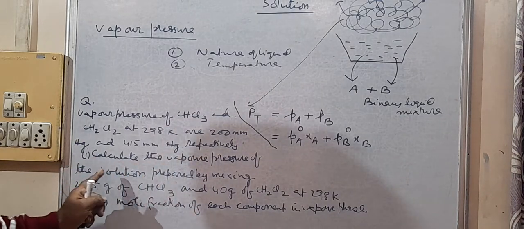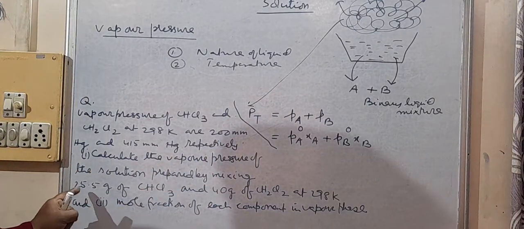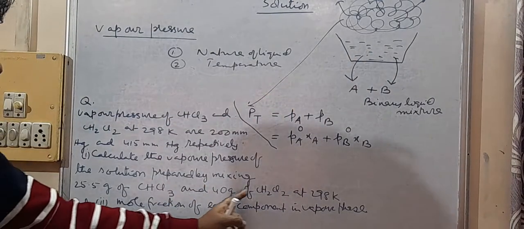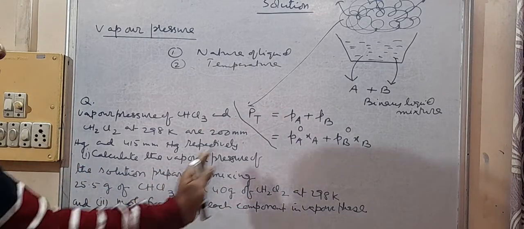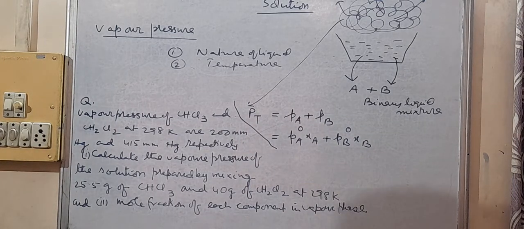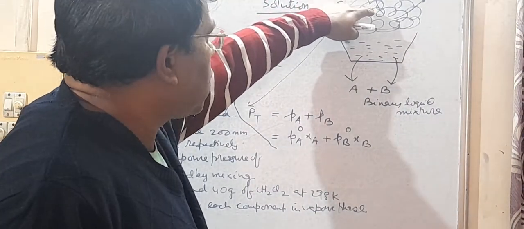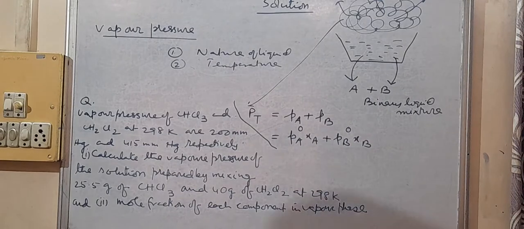Calculate the vapor pressure of the solution prepared by mixing 25.5 gram of chloroform and 40 gram of dichloromethane. That is the first question, and we also have to find the mole fraction of chloroform and dichloromethane in the vapor phase. That is the second part. This question is very important, so let us try to do this.